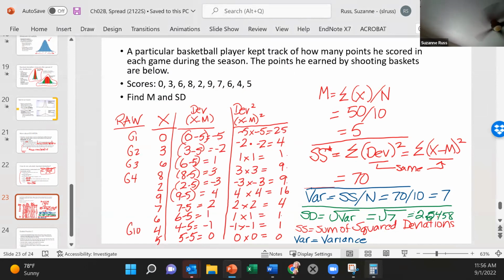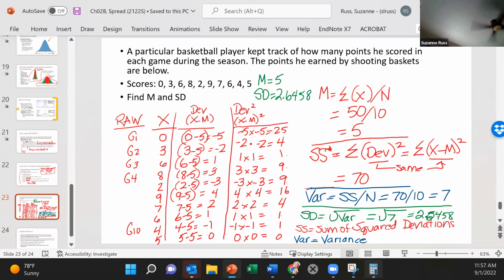The answer to this problem would be m equals 5, standard deviation equals 2.6458.